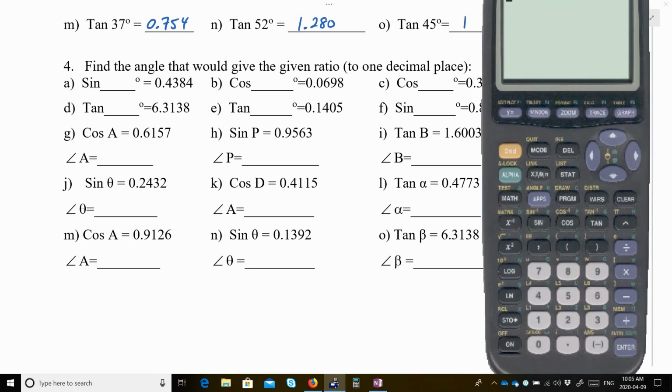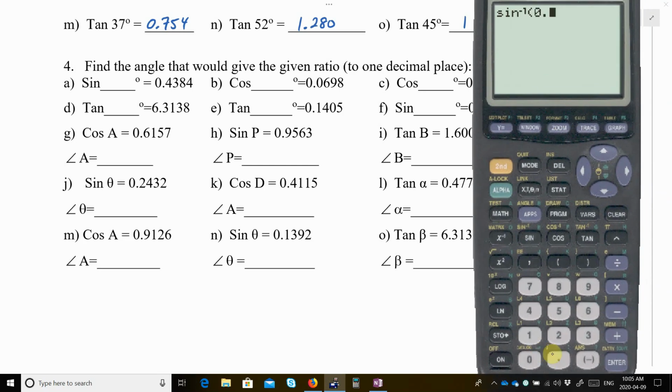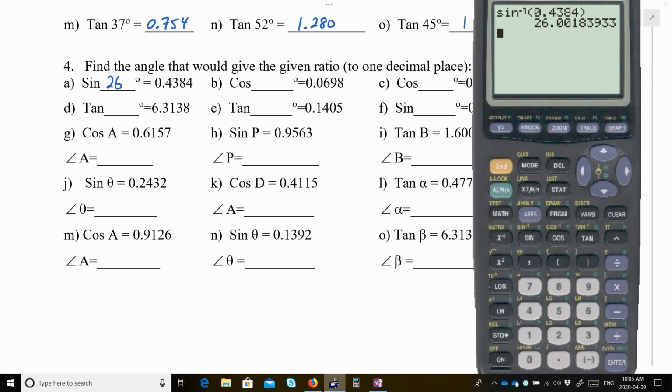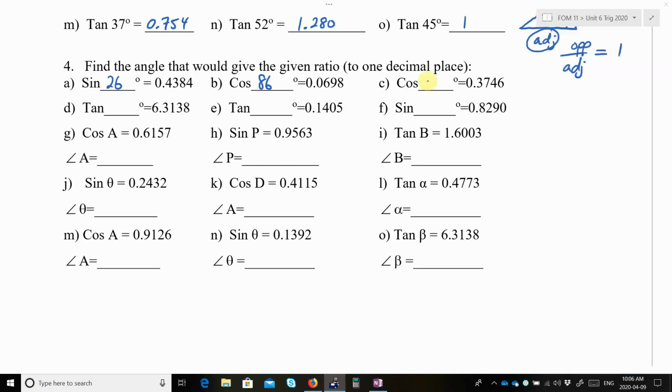All right, so I have to go shift sine 0.4384, 26 degrees. And letter B, shift cos 0.0698. That's basically 86 degrees. And the last one here, shift cos of 0.3746. And we get 68 degrees.